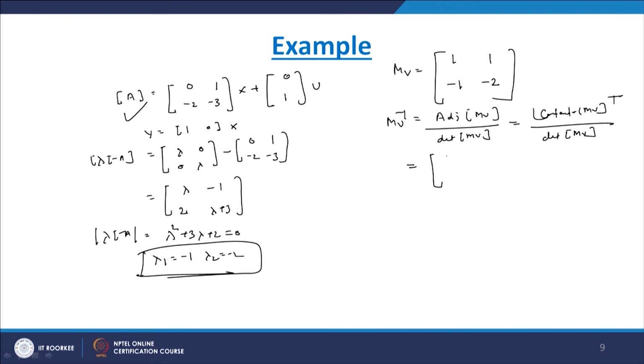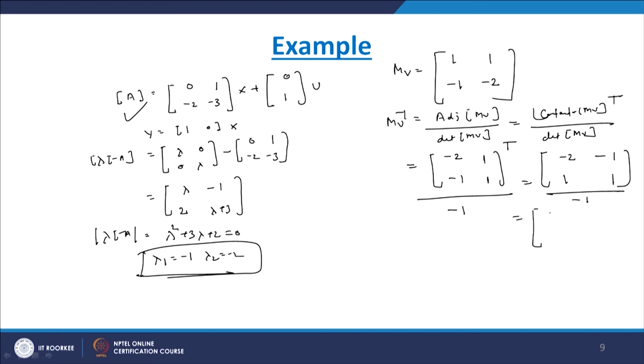Here is minus 2, 1, then here we will get 1, and here minus 1, this is transposed, and divided by the determinant of this. The determinant will be minus 1. So, we can write this as minus 2, minus 1, 1, 1 divided by minus 1, and finally we get the result 2, 1, minus 1, minus 1. So, we have got MV inverse.